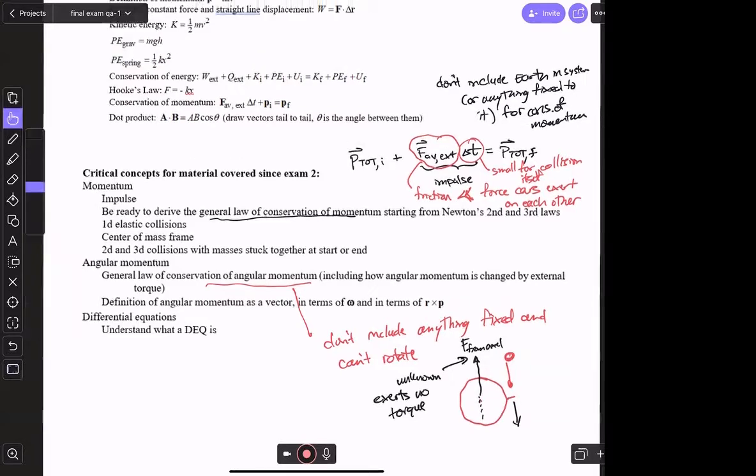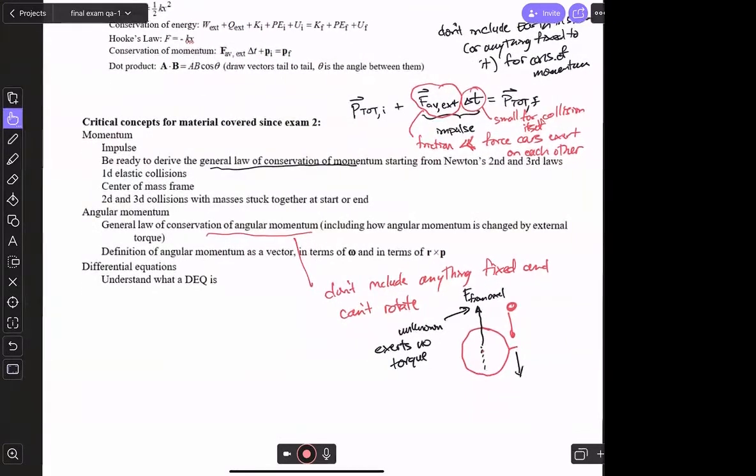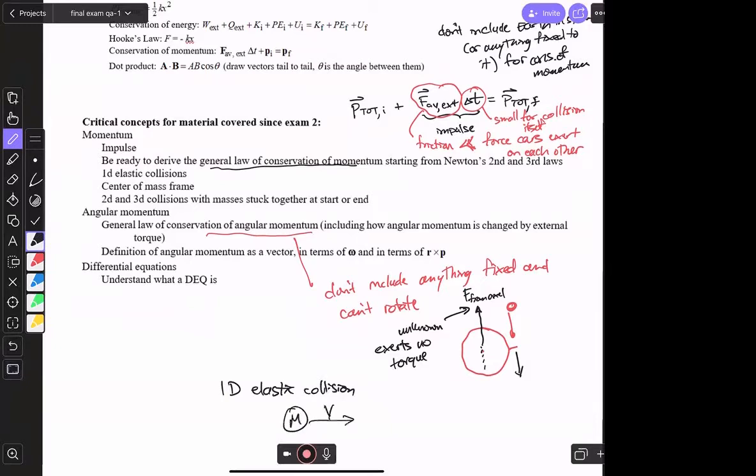Sure. So there are, I would say, two classes of problems like that. One class would be a simple 1D elastic collision. Let's say, for example, you've got a large object like this moving with some velocity like this.